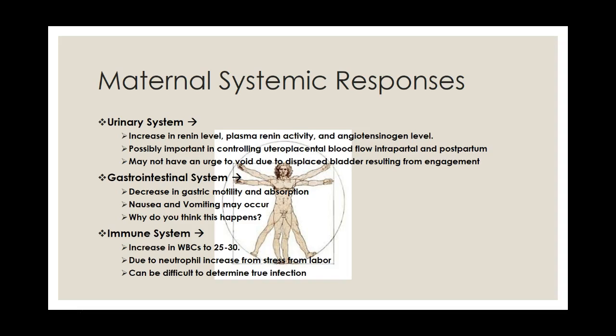We want to offer mom to void or either do an in and out cath prior to the pushing phase or the second stage of labor. And we have to realize that at this point, mom may not be able to tell us that she needs to go to the bathroom because her bladder is displaced because of engagement of the baby, and she just will not have that urge to void.